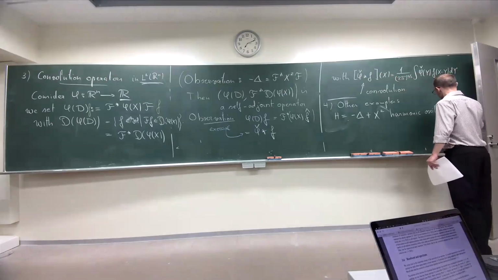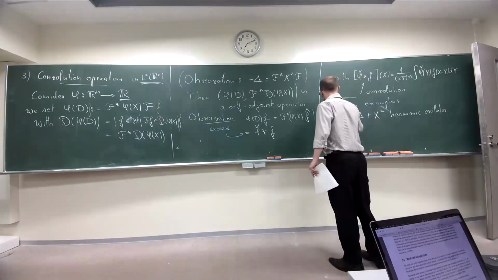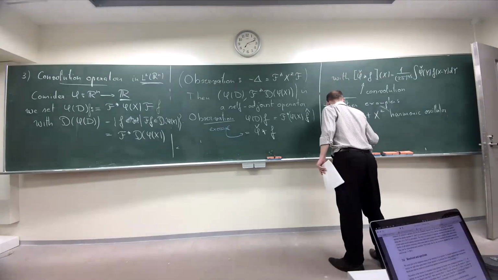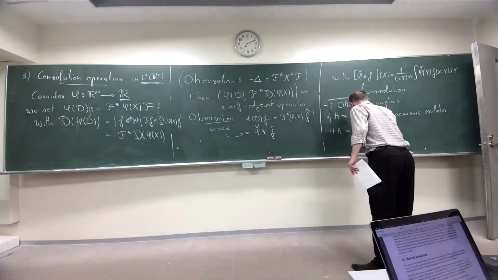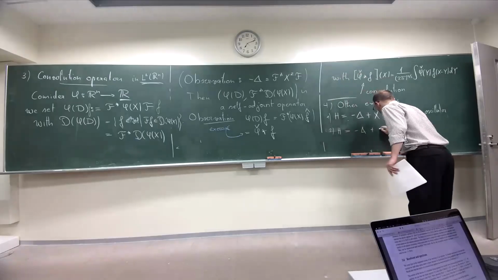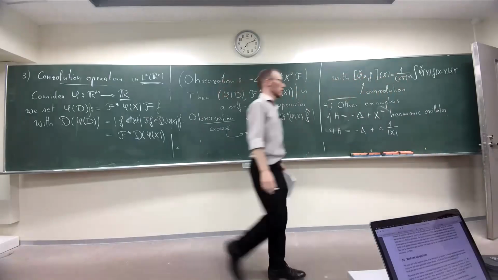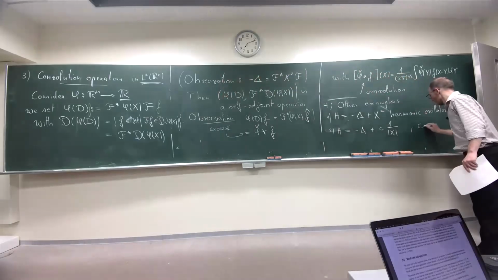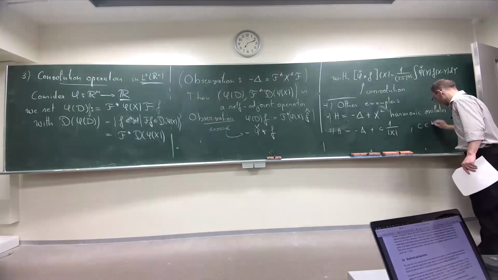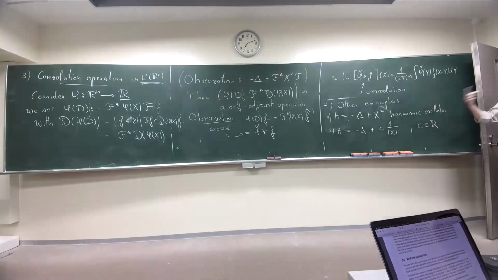Second example, H is minus Laplacian plus C over norm of X, where C is just any real number. What is 1 over X? It's a multiplication operator by the function 1 over the norm of X. But be careful.